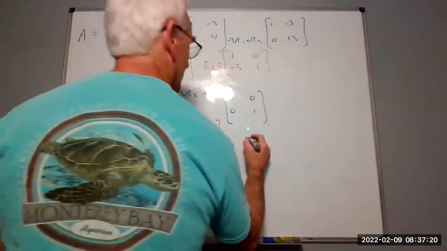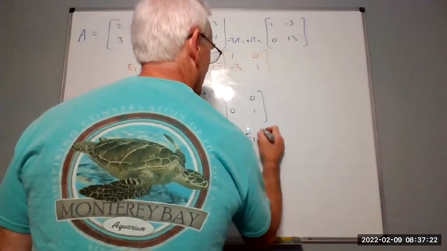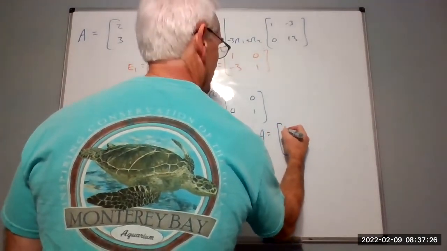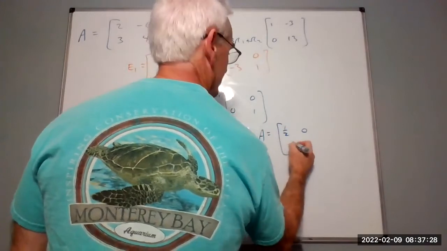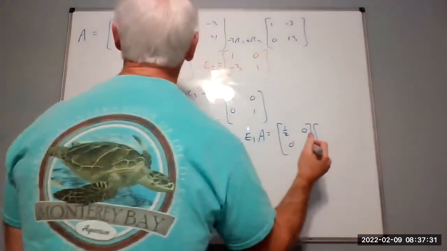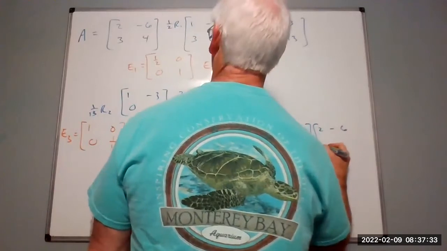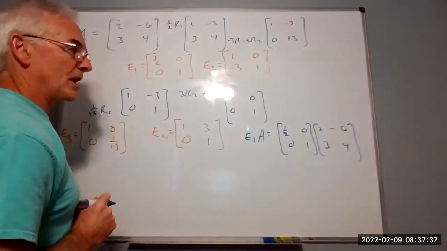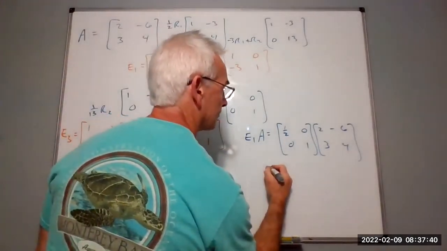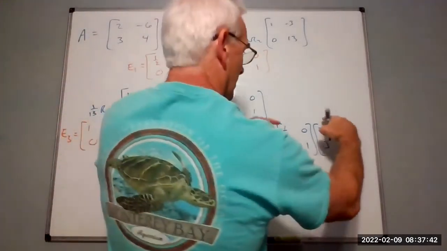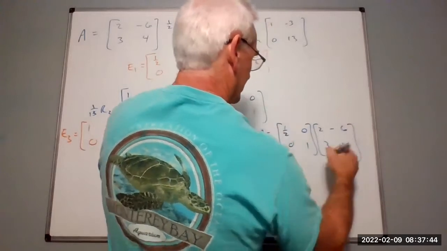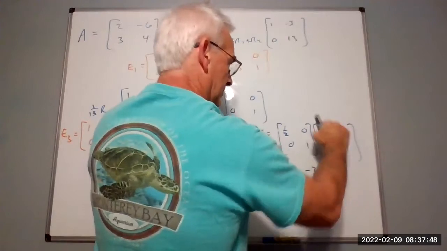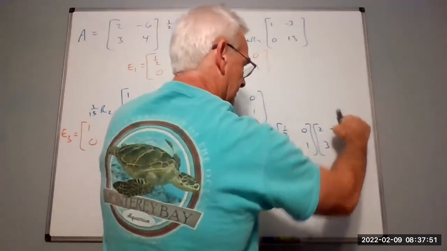What if I took E1 and I multiplied it by A? What would I get? So my E1 was 1/2, 0, 0, 1, and I'm going to multiply that by my original A. When I do this, what will I get? 1 plus 0, -3 plus 0, 0, 3, 0, 4.